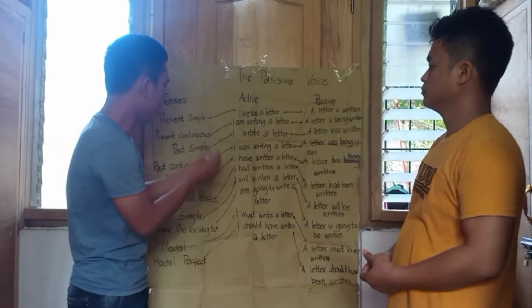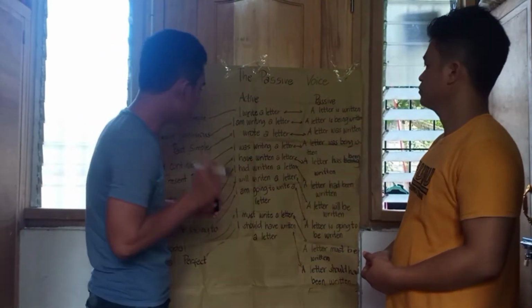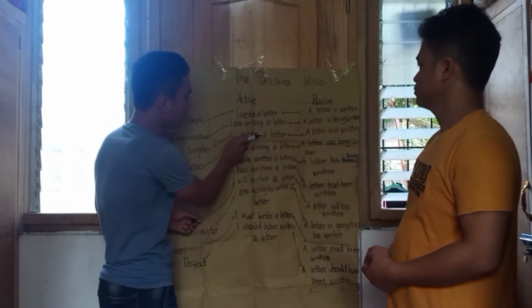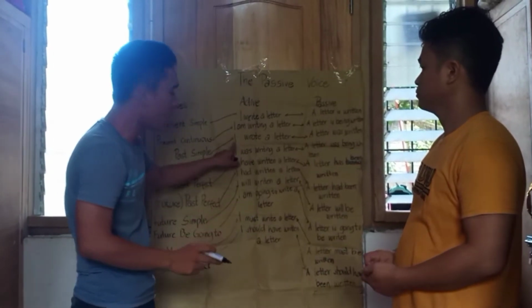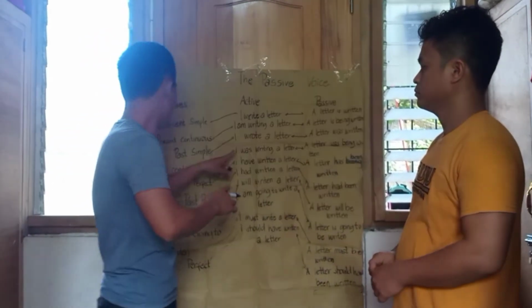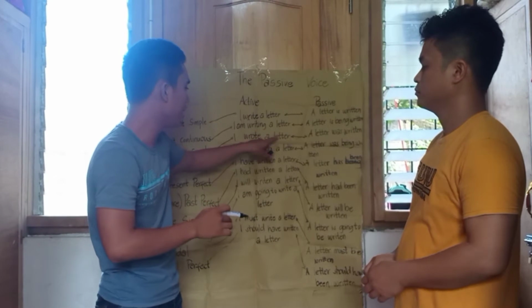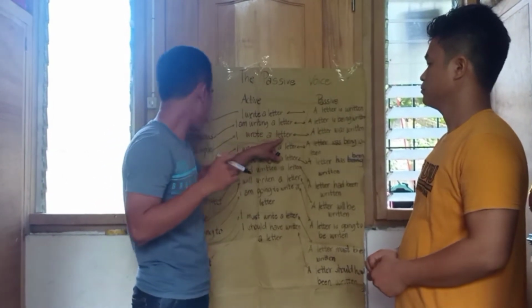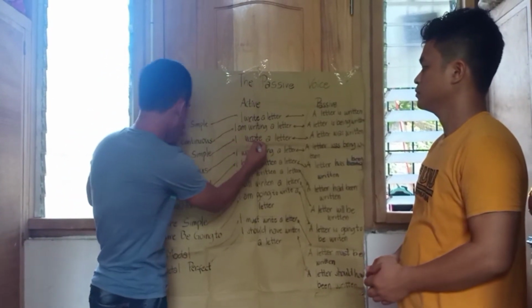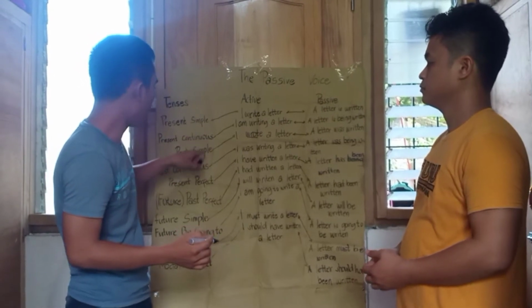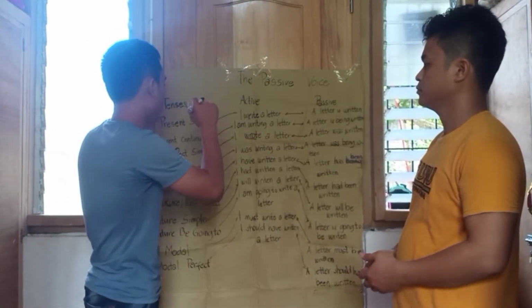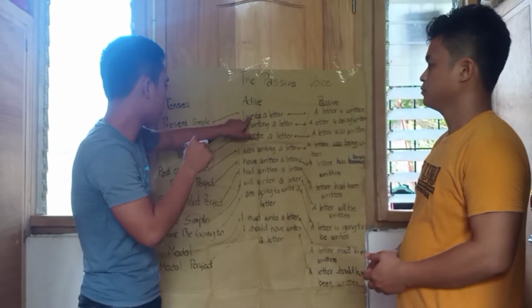So in the active voice, "I wrote a letter." The "I" is the subject, "wrote" is the action, and "letter" is the object. The "wrote" here is the past simple of "write."